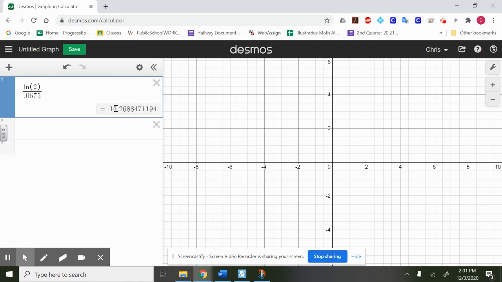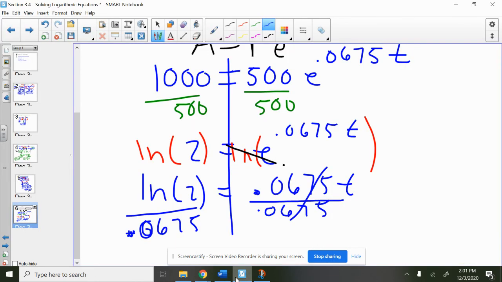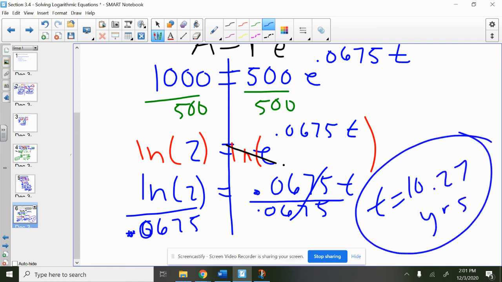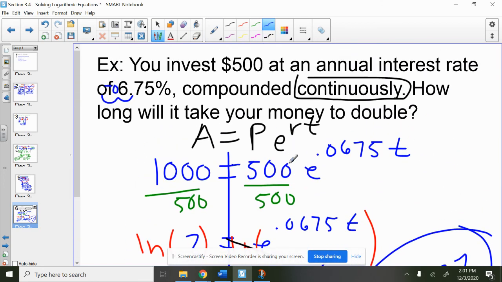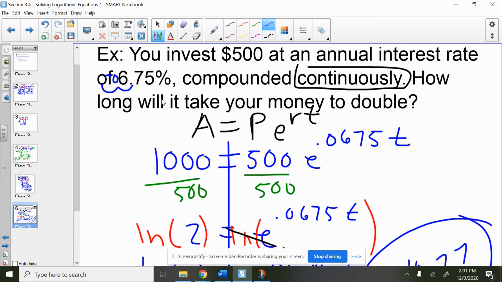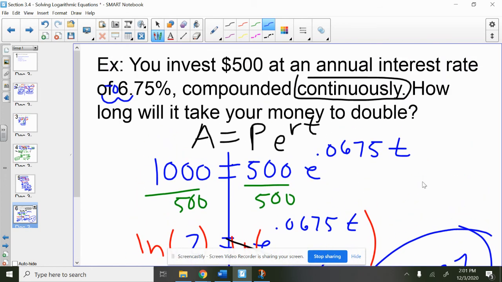And that's, we'll say, 10.27. So that would give you T equals 10.27. In this case, that's years. So if you're starting with 500 and it's compounded continuously at that rate, it's going to take you a little over 10 years to double.